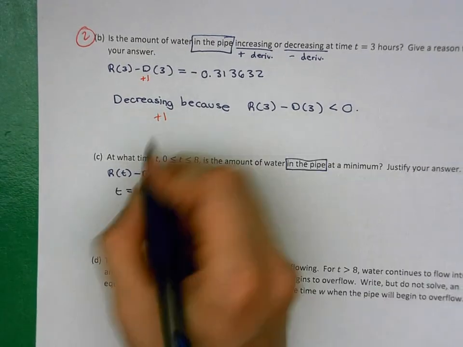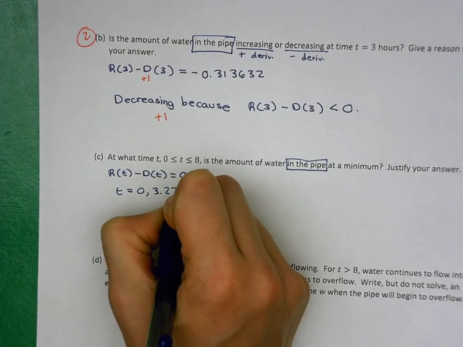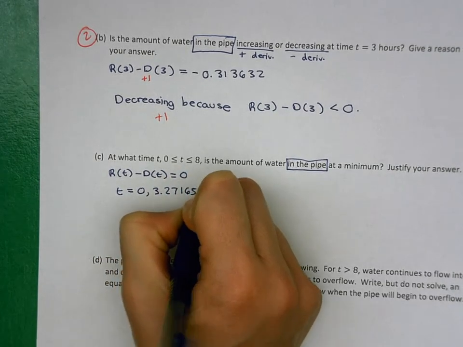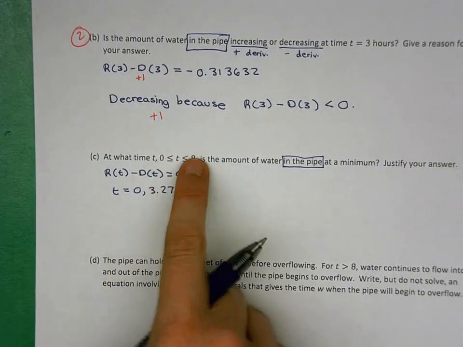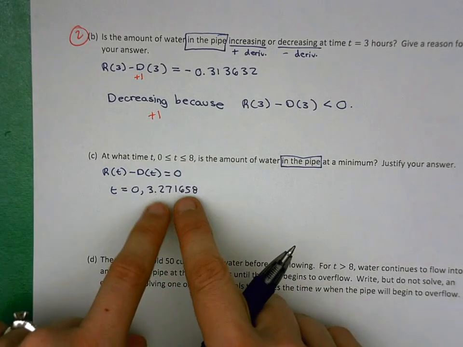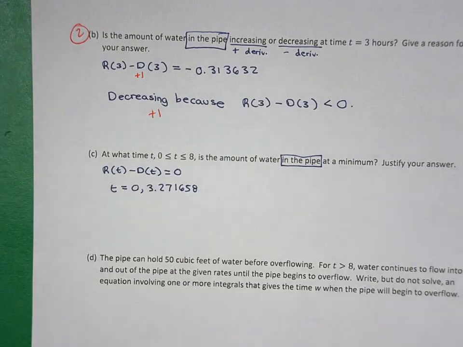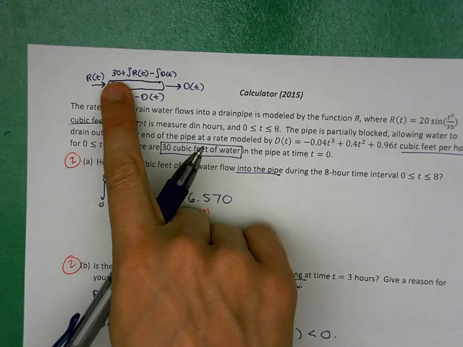But I'm going to say you would get 1 zero at 3.271658. The reason I call it just 1 zero is because 0 is already an endpoint, so it's already going to get tested anyway. But you take your zeros and your endpoints and you plug them into your original function. And again, we're talking about the amount in the pipe, so that's our original function.